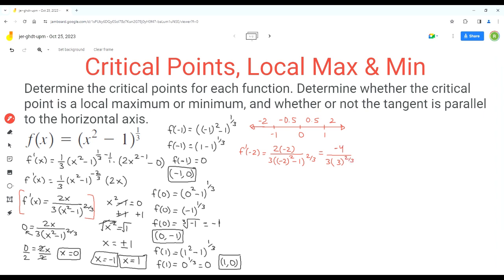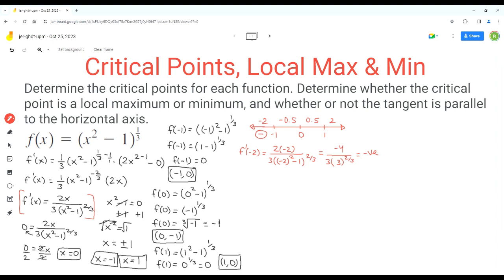So in the numerator we have a negative value, and in the denominator we'll get a positive value. So the overall result will be a negative value for prime of f at -2. That means the function is decreasing on the left side of critical number x equals -1, because prime of f at -2 is a negative value.